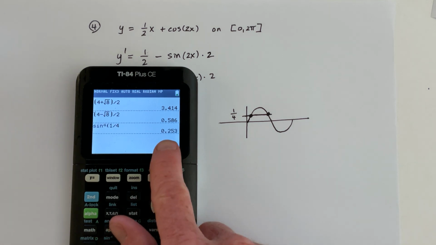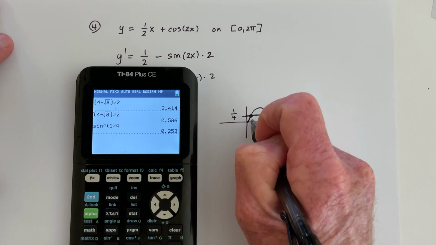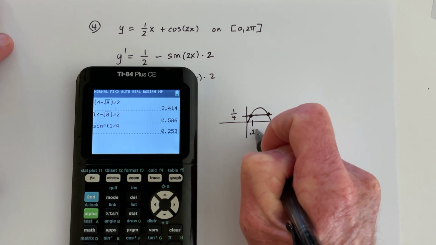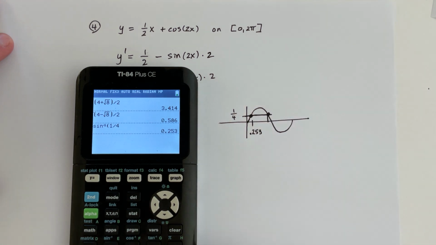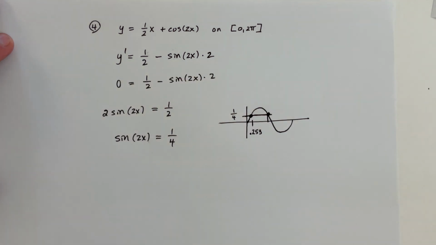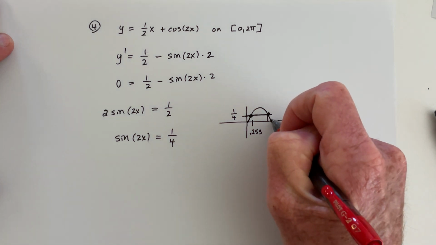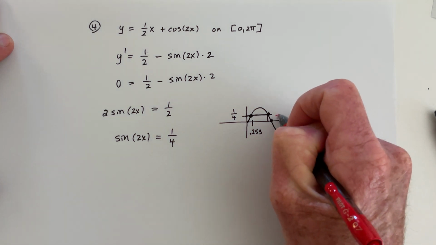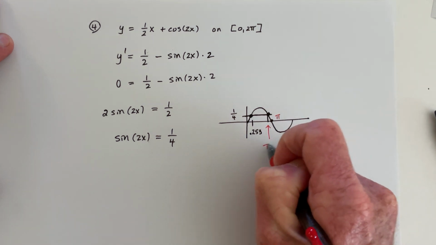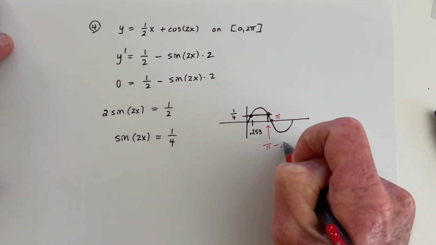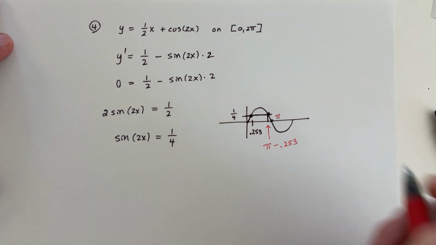This is going to be this first answer right here, 0.253. This second one, the calculator is not going to give me. I have to say, if right here, where it crosses the x-axis, is pi, then this is just to the left of pi. So that'll be at pi minus 0.253.